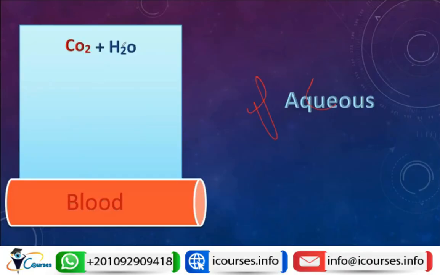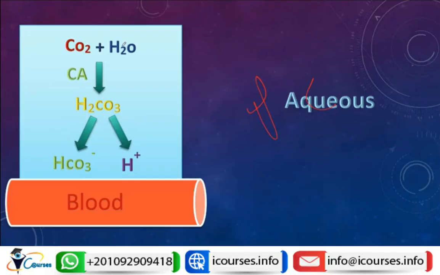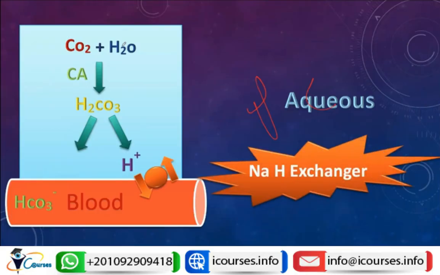The CO2 and H2O join together using the carbonic anhydrase enzyme to form H2CO3, or carbonic acid, which later dissociates to bicarbonate and hydrogen. The bicarbonate diffuses into the blood, while the hydrogen is exchanged at the hydrogen-sodium exchanger, so the hydrogen moves toward the blood, while the sodium comes from the blood into the pigmented, then the non-pigmented ciliary epithelium.